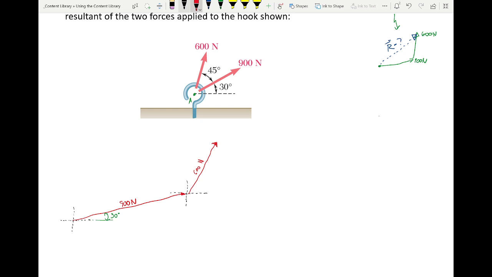Now, let's see if you all are paying attention. First off, what's this angle, this one right here? 30 degrees, right?